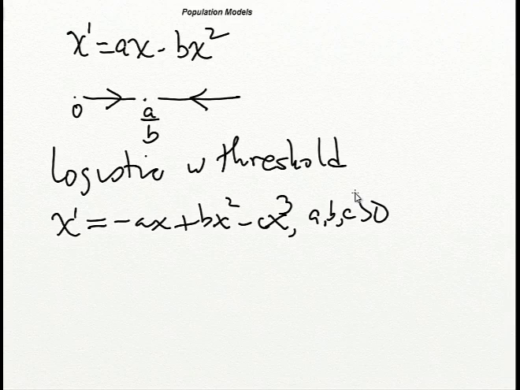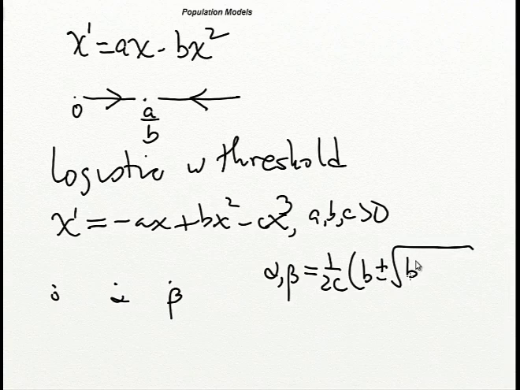And then the phase line for this model will have 3 points, 0, let me call them alpha and beta, where alpha and beta are given as follows. A little bit of algebra: 1 over 2c times b plus or minus the square root of b squared minus 4ac.